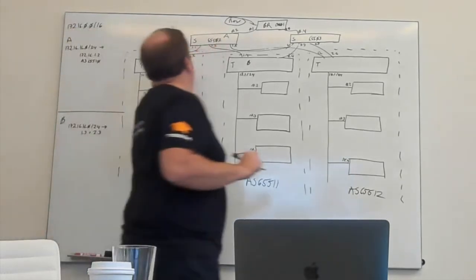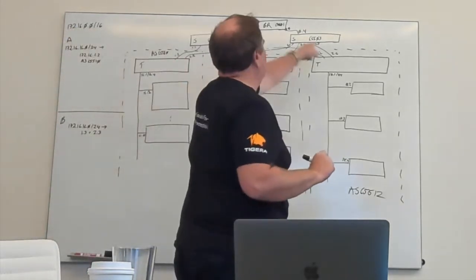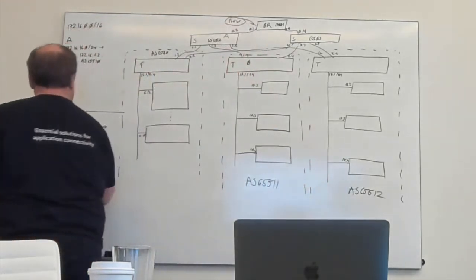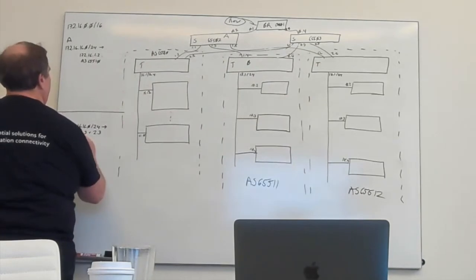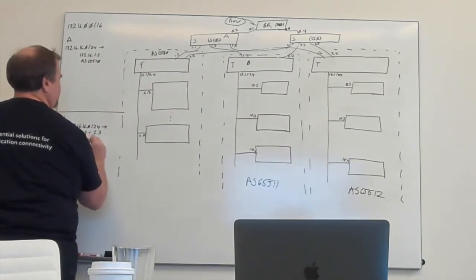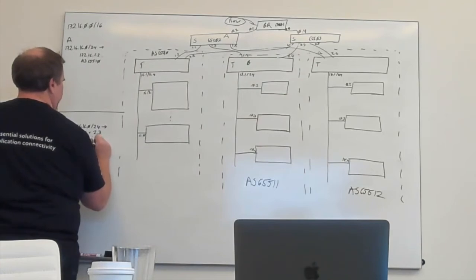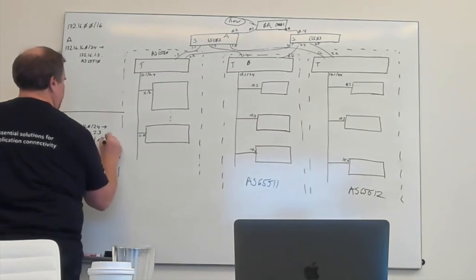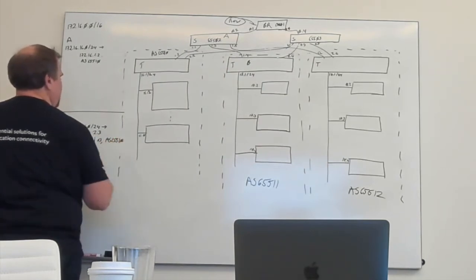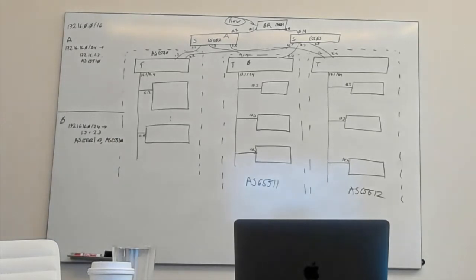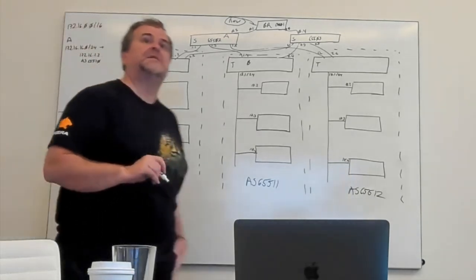It can get to that network via either of these, and it is going to have an AS path of AS 65502 or 3, and AS 65510. So I now know I need to get through 2 ASs to get there.